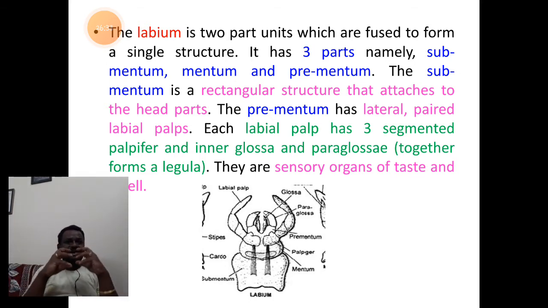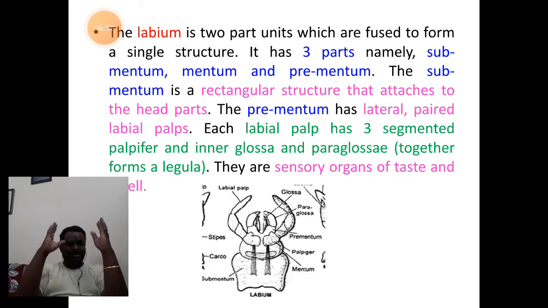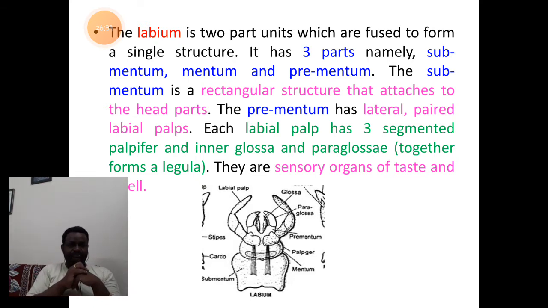So submentum is the rectangular structure that attaches to the head parts. Then comes the prementum.